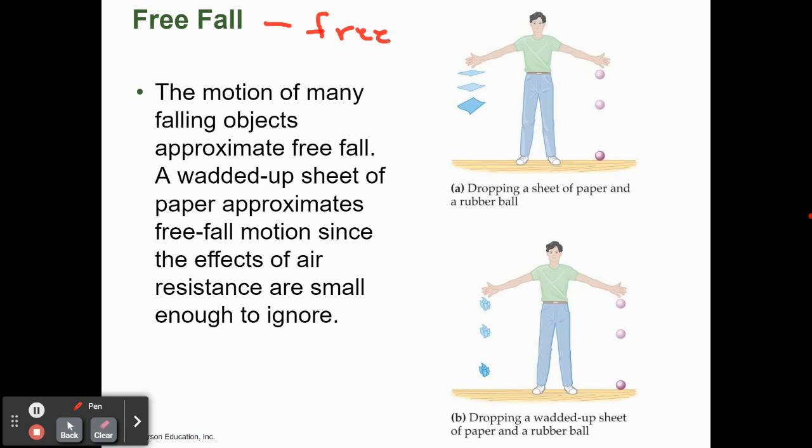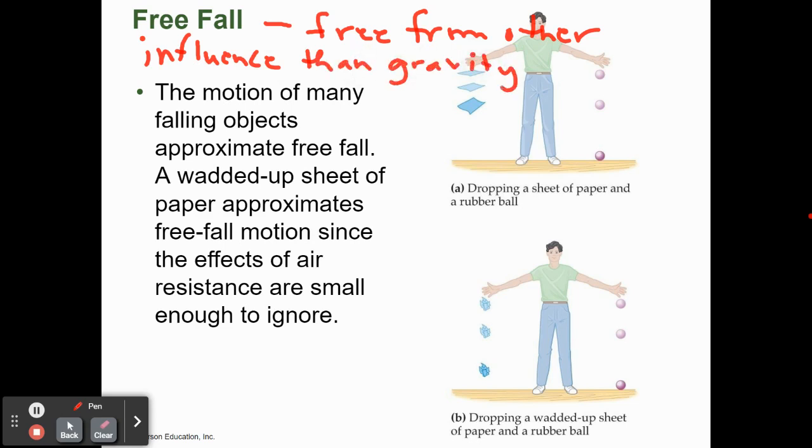Free fall means that the object is free from other influences and then gravity. So gravity is the only thing that is causing that object to go down, to go to the ground, and that is the force of gravity.